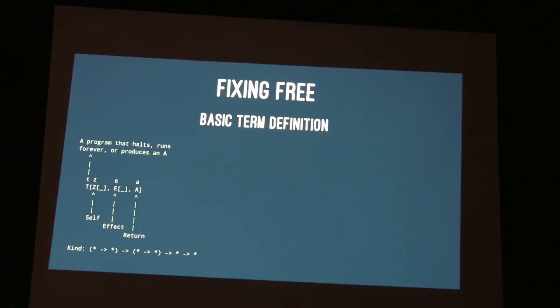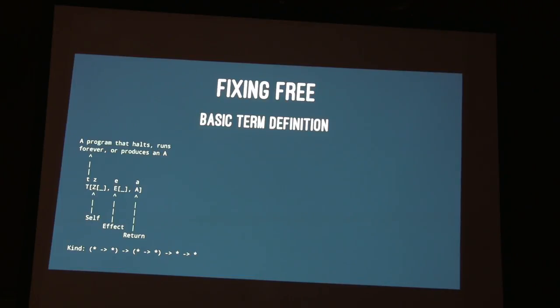All right, so we have all the machinery in place to solve the problem now. What we're going to do is we're going to introduce a term that has the following kind. It's going to have a self type, which represents a program that terminates in a certain value. It's going to have that effect type, which represents all the different operations that make up our program.